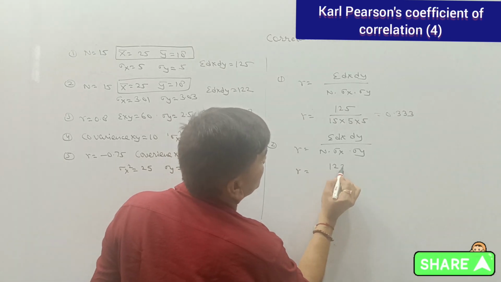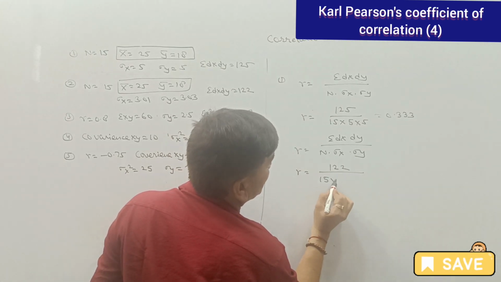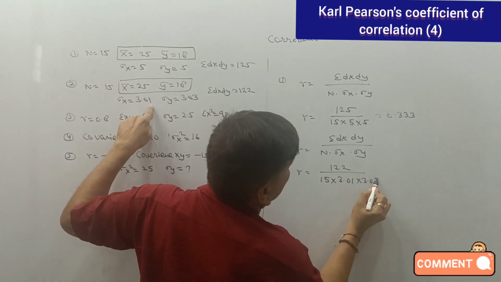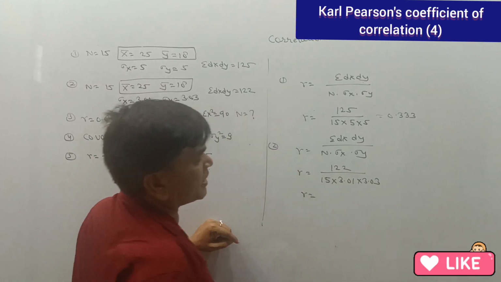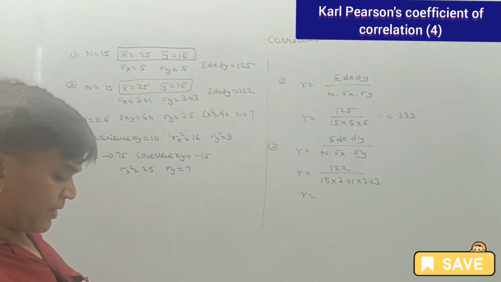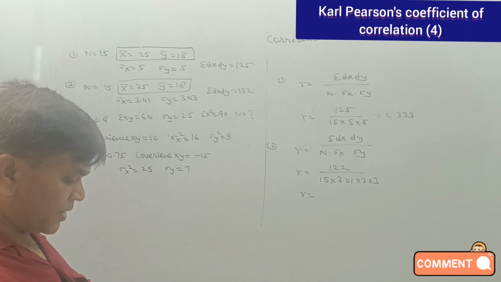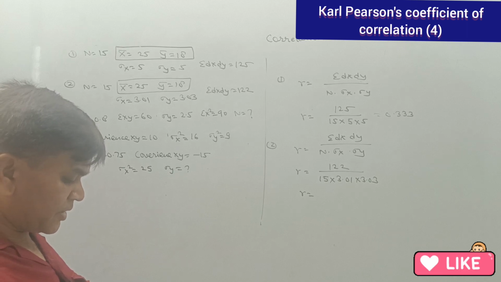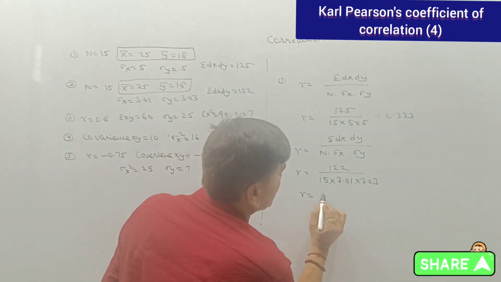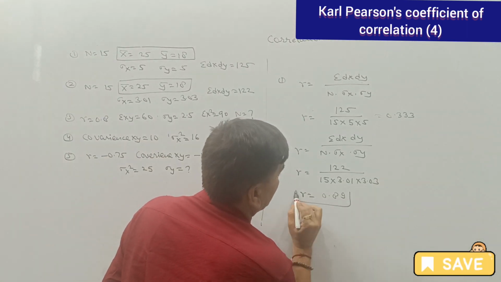So 122 divided by 15 divided by 3.01 divided by 3.03. Nothing extra to write. So the result is 0.89, the correlation value.